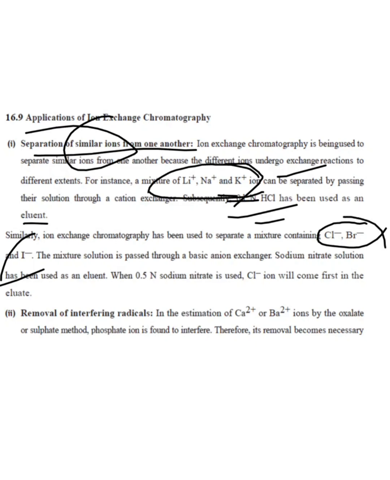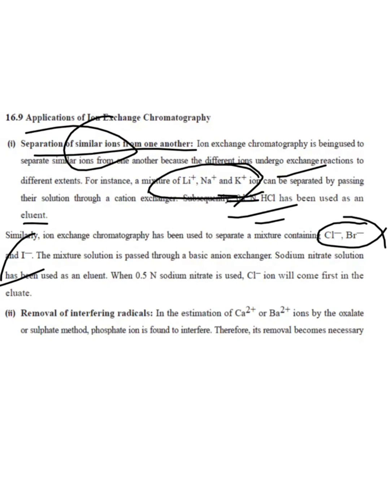There are two types of techniques used in ion exchange chromatography: one is cation exchanger resin, and the other is anion exchange resin. So two types of separation can be done: one is lithium, sodium and potash, and the other is chlorine, bromine and iodine.